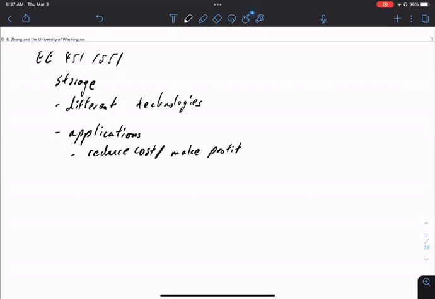What is the other big application? There's two applications. The first one essentially, let's say make profit from a storage perspective. What is the other big application? So this is actually not the main application. So most storage today we have in the system is not really making much money.